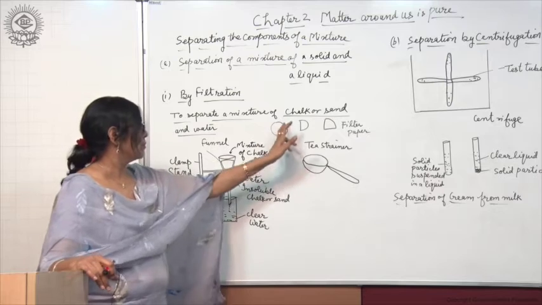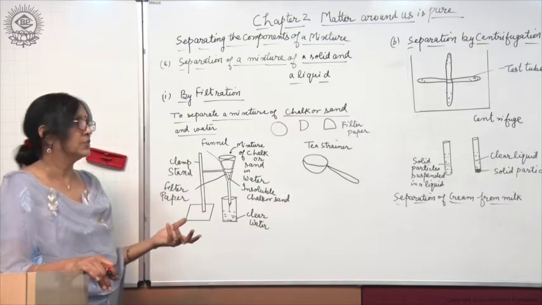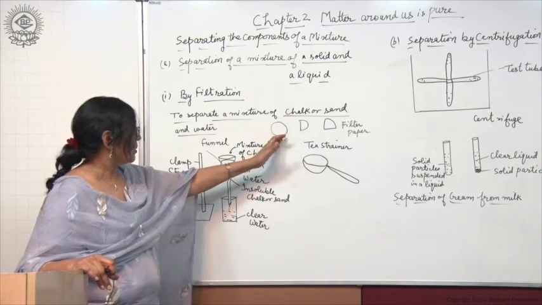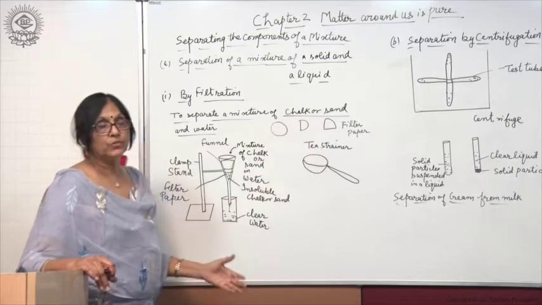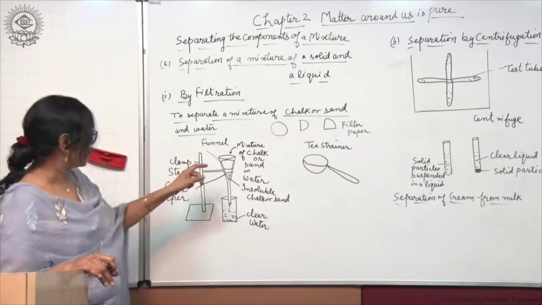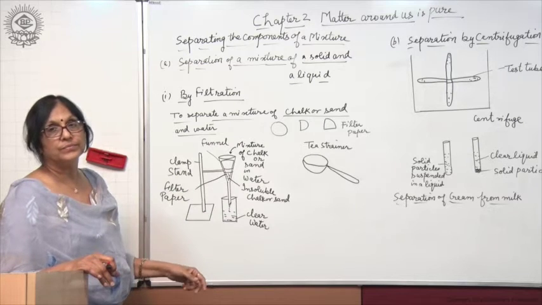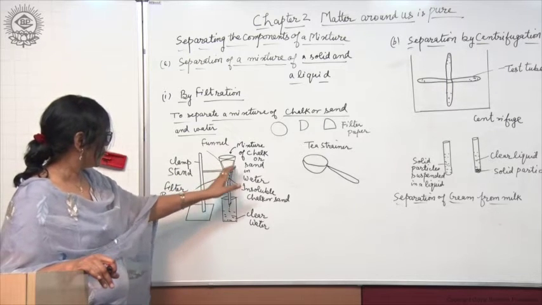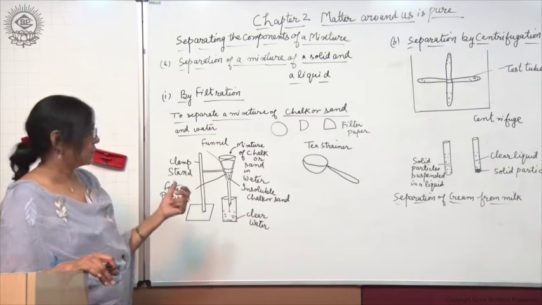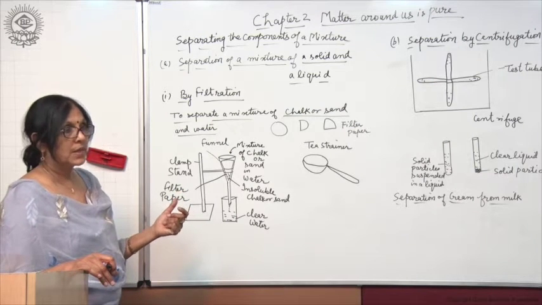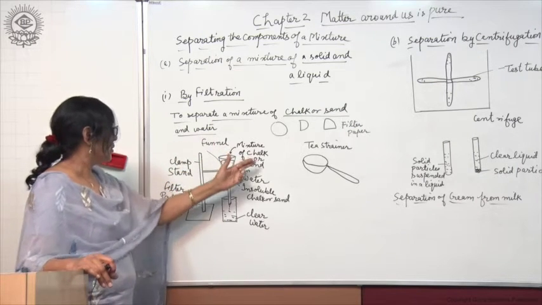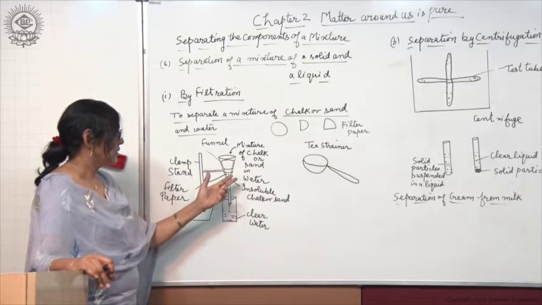Filter paper, whether it is round, rectangular or square in shape, should be folded twice to make a cone-like structure and fitted into the funnel. Make the surface of the funnel wet so that the paper sticks to the funnel, and now you can pour a mixture of chalk or sand in water.